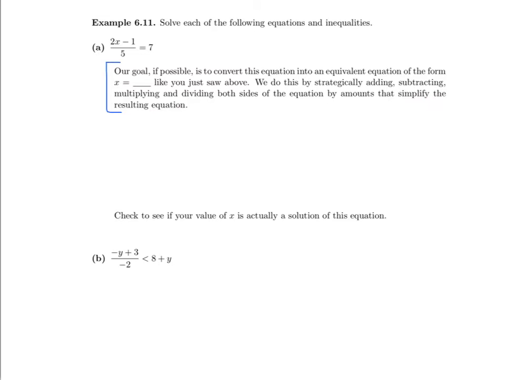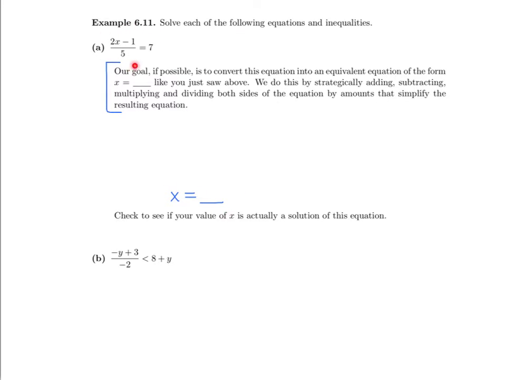So for this equation right here, our goal is ultimately to rewrite that equation in an equivalent form that looks like this. So we will have to figure out what number goes in that spot, but our goal is to go from this to this.